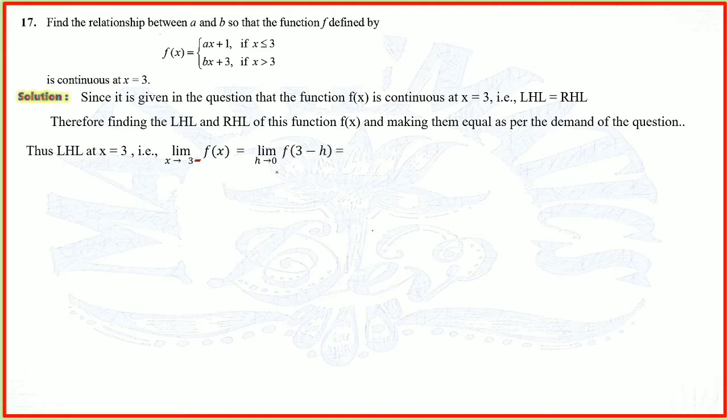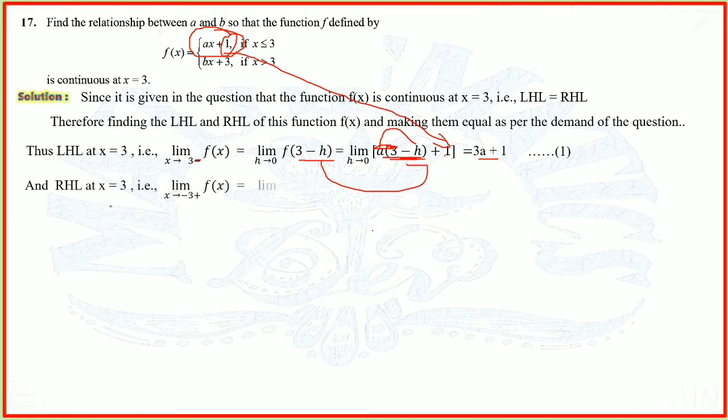Now when we have taken the left side, the function will be ax plus 1. So the limit as h tends to 0 of a into, instead of x, 3 minus h, and then plus 1. Now taking the limit as h tends to 0, this a into h will become 0 and then 3a plus 1 will remain, equation number 1.